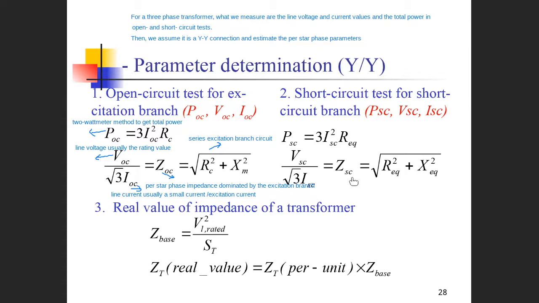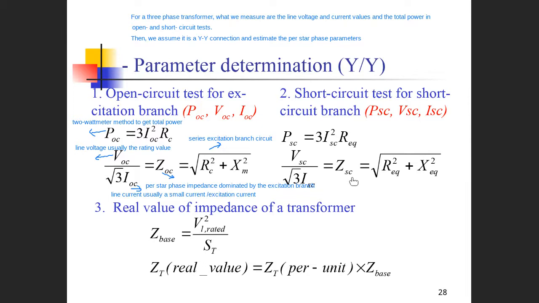Generally, once again, all the three-phase voltages and three-phase input currents are monitored, and the total power input is monitored. Because of the short circuit, the excitation branch currents can be ignored, because the voltage is lower than the rating voltage.